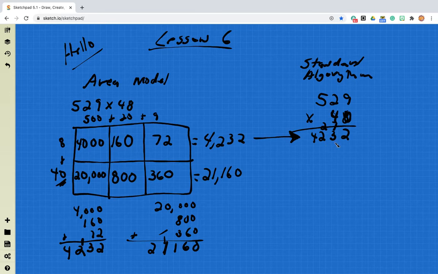So it's going to be 36 tens, 360. Now 4 tens times 2 tens is going to be 8 hundreds, right? 8 hundreds. Plus 3 hundreds is 9, 10, 11 hundredths, which puts that 1 over there in the thousands place.